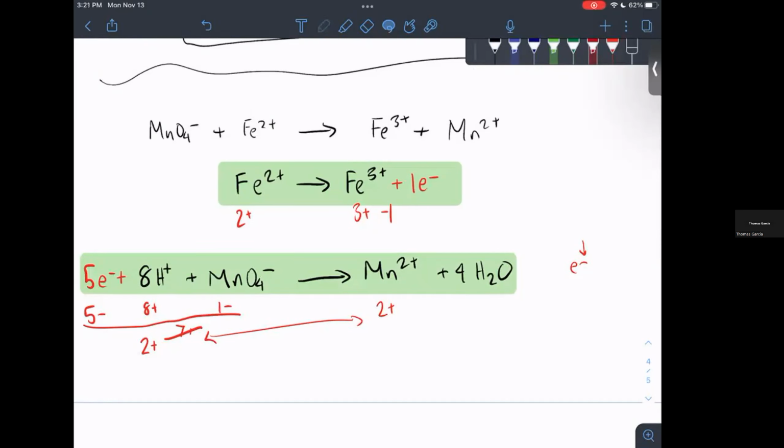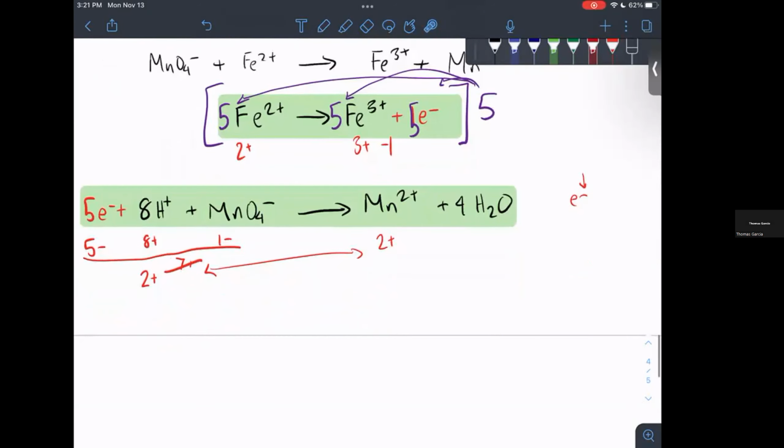Well, there's a pretty simple way. We'll just multiply the entire top equation by 5. This will then apply to everything inside. So we're going to have 5Fe, 5Fe, and now 5 electrons. And so now I can see that my electrons on the right will balance with my electrons on the left, and I won't have electrons in my final balanced equation.